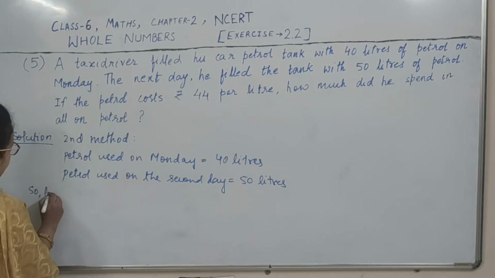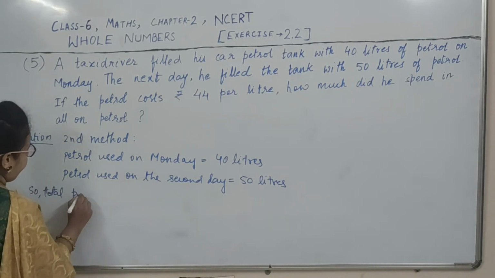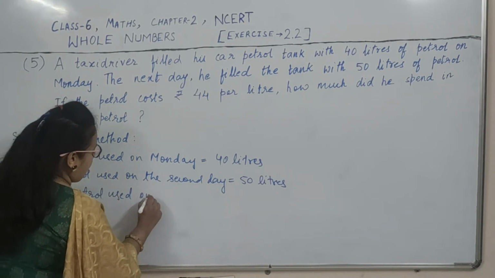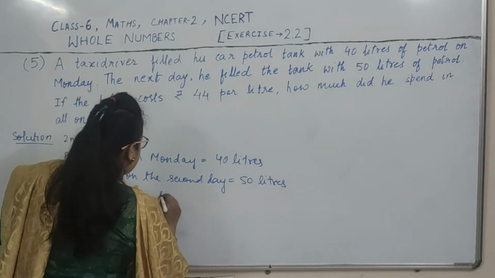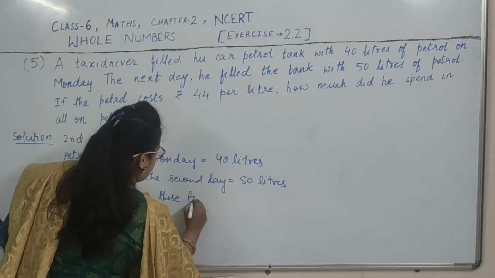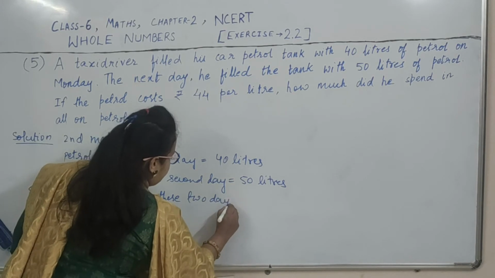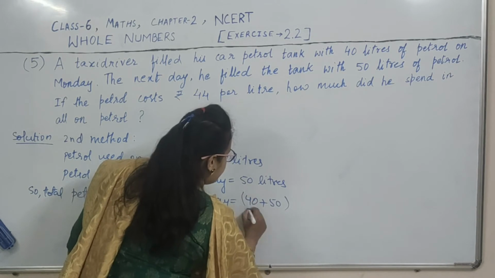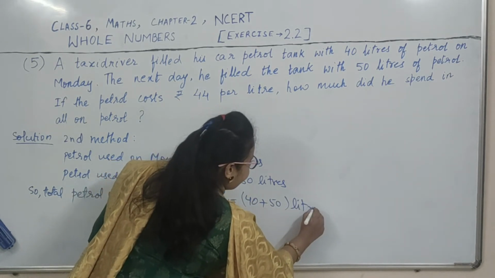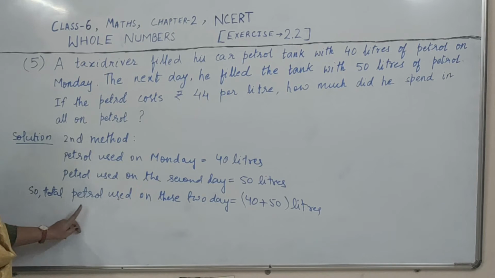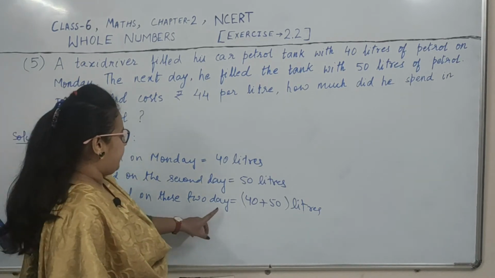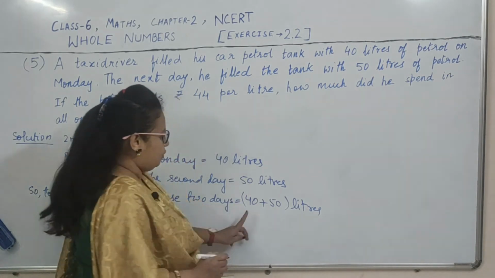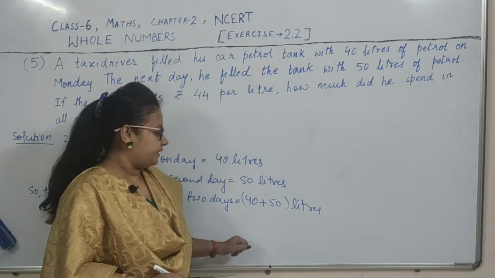So total petrol used on these 2 days is equal to 40 plus 50 liters, right? Can we write it like this? Total petrol used on these 2 days is equal to 40 plus 50 liters.